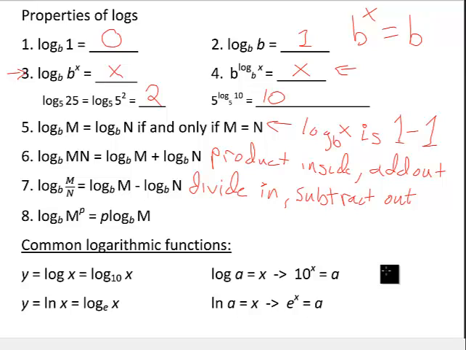Okay? So some other common logs you might see are the log and the ln. So those are what's called the common log, and this is the natural log. So these are just logs that come up a lot in science and biology, that sort of thing.